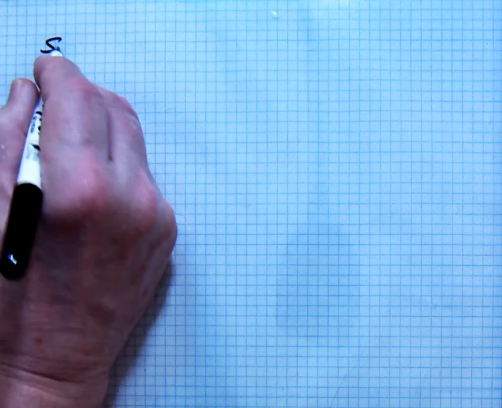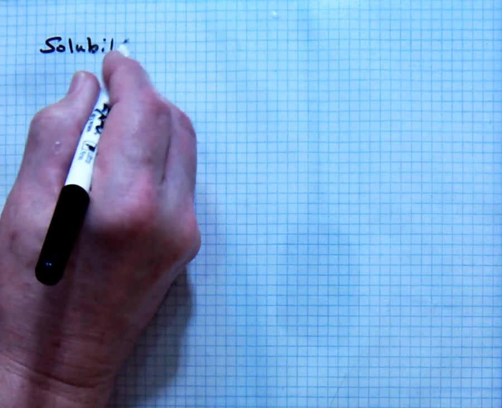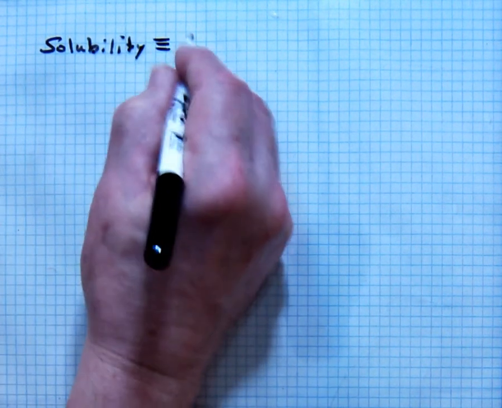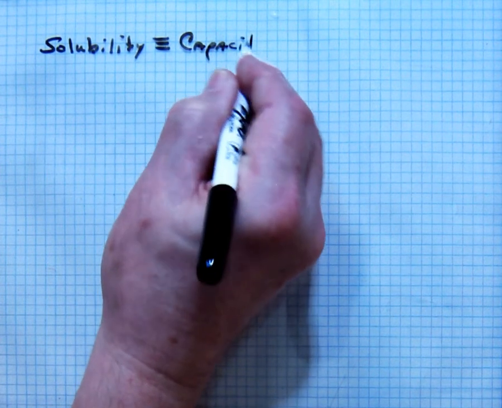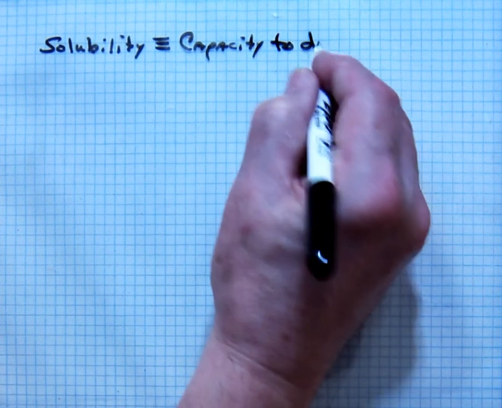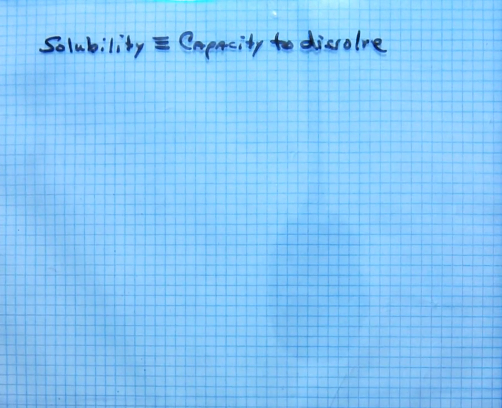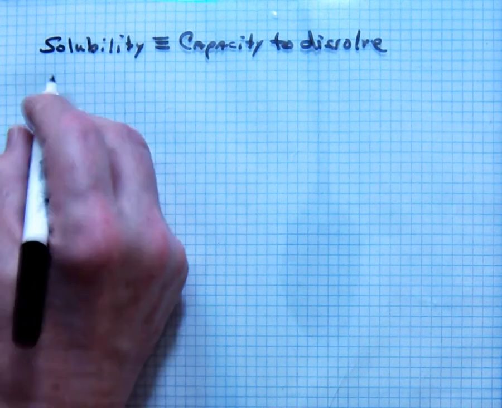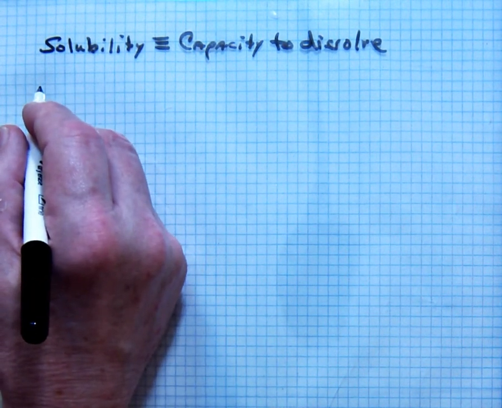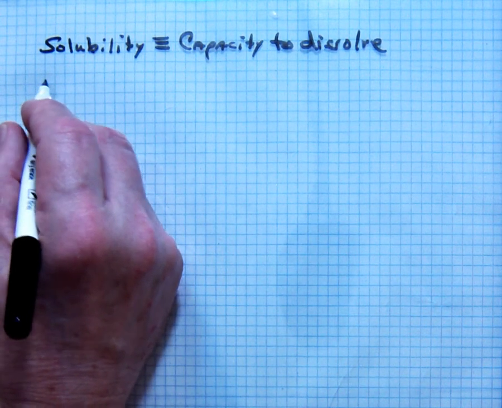Solubility, by definition, is the capacity to dissolve. Some items do not have a high solubility, and they do not have a good capacity for dissolution. Some do have a high solubility in a given solvent, and we say that it has a high capacity for dissolution and solution. Now, there are three primary factors that govern, and we'll develop these a little more.